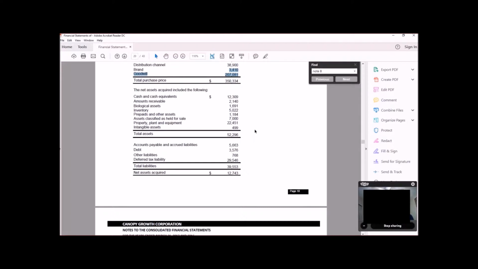This is a massive overvaluation of this company, and we'll get to that further as we go along here. It's 11 times overvalued.